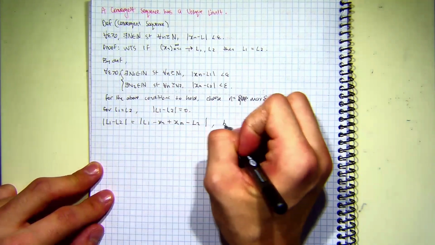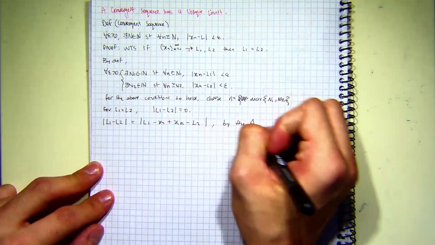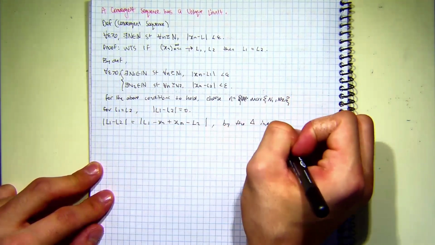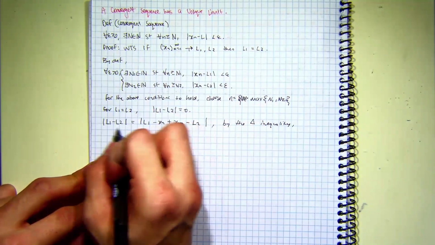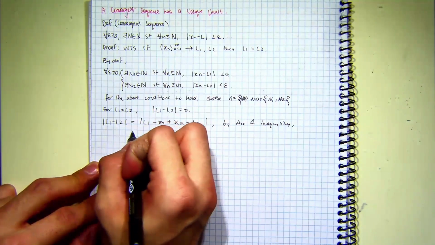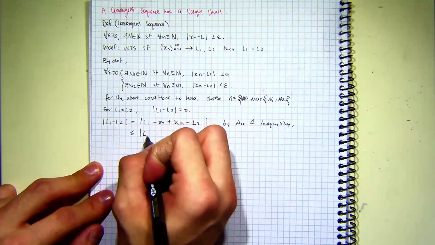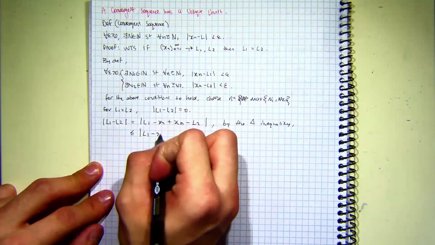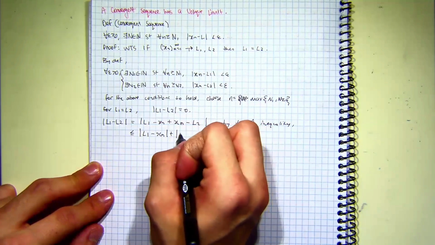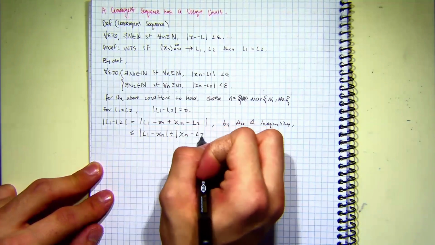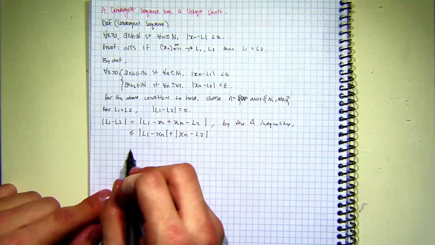And now, by the triangle inequality, we can now split this up and say that |L1 - L2| is less than or equal to |L1 - x_n| plus the absolute value of |x_n - L2|. Okay?